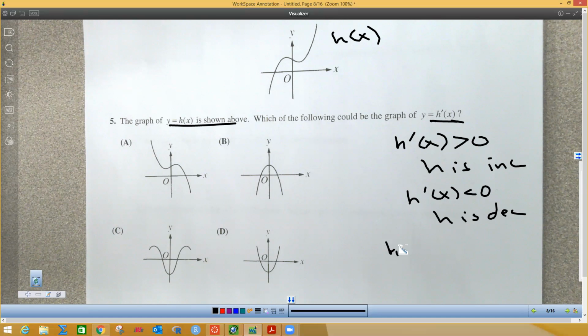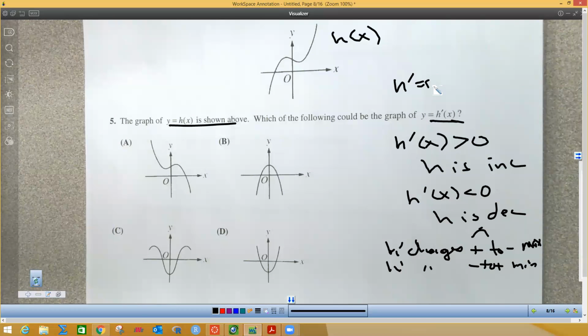And if h prime changes sign from positive to negative, I have a max, because an increase to a decrease makes a max. And if h prime changes from negative to positive, I have a min. And if h prime equals 0, those are critical numbers, which means I could have a max or a min at those numbers.